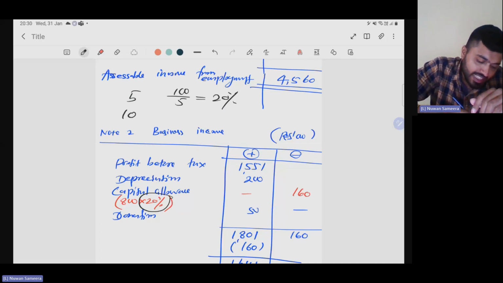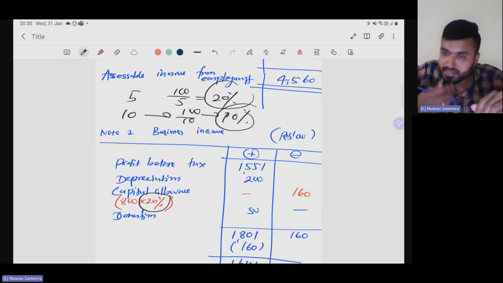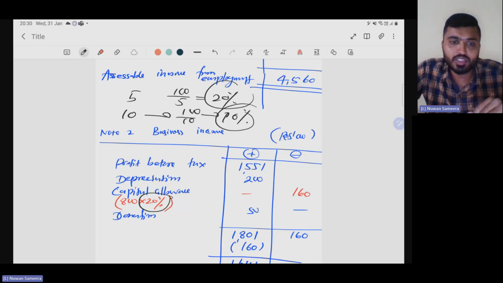If it is 10 years, then 100 divided by 10, so 10%. That is not tax, this is accounting, right? Did you get that?